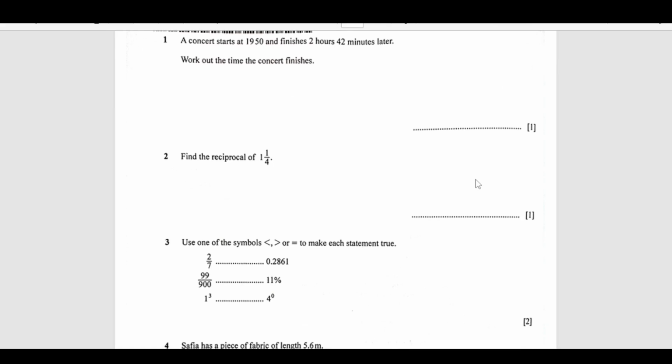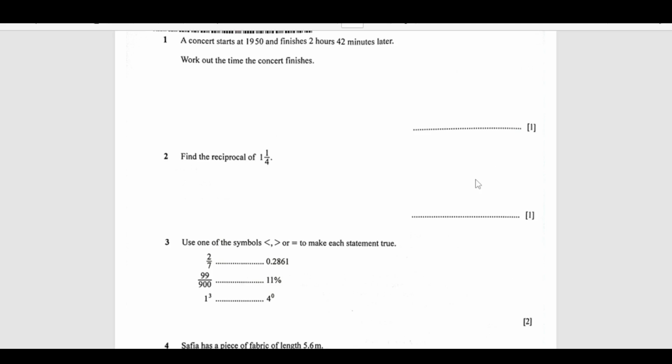A concert starts at 1950 and finishes 2 hours 42 minutes later. So the question is, work out the time the concert finishes.